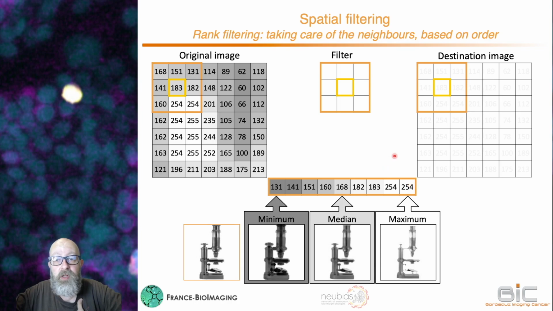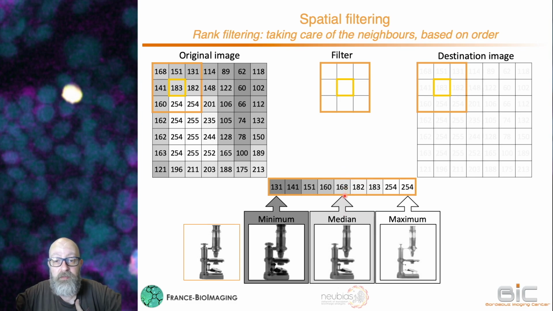And then what you will put on the destination image depends upon the kind of filter you want to use. You may use a minimum filter, retaining only the minimum value, a maximum filter, only retaining the maximum value, or a median filter, which will pick the value that is in the middle.